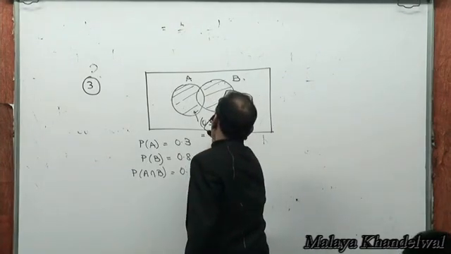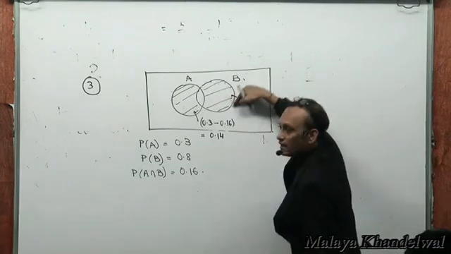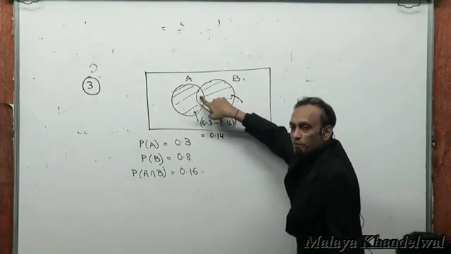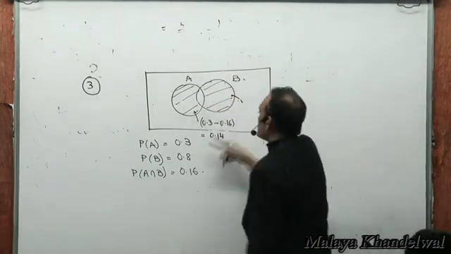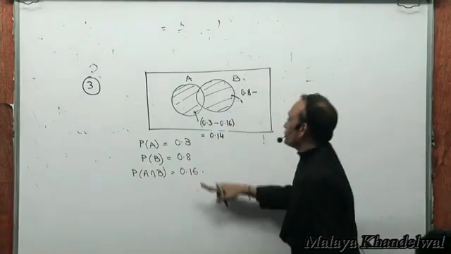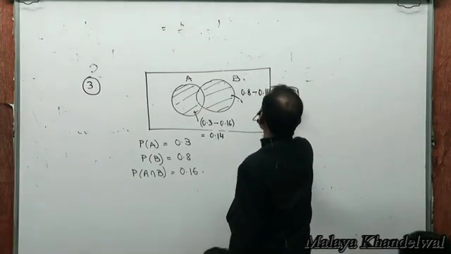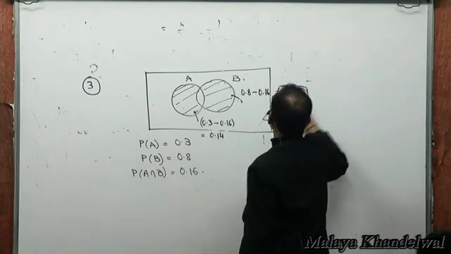Now this region is P(B) minus P(A intersection B), and P(B) is 0.8 minus 0.16, which is 0.64.